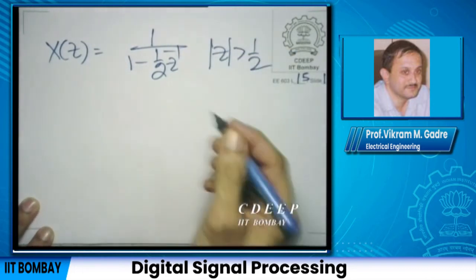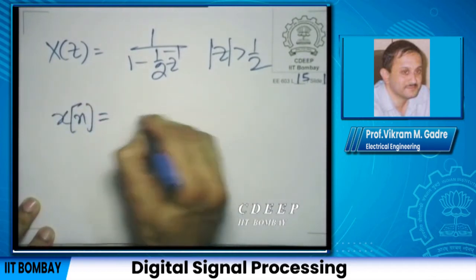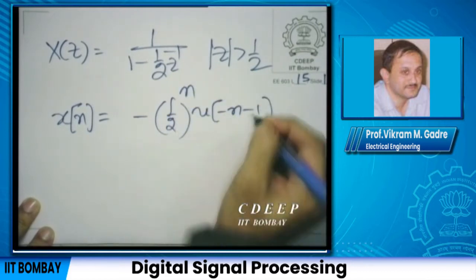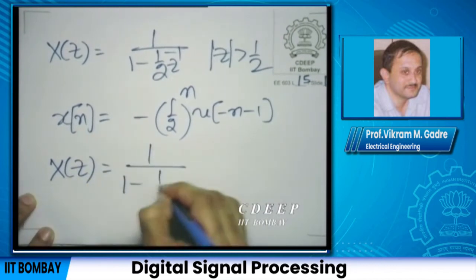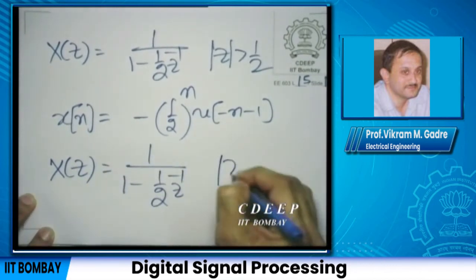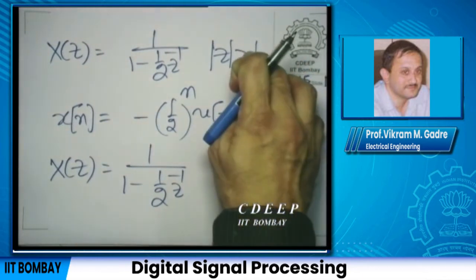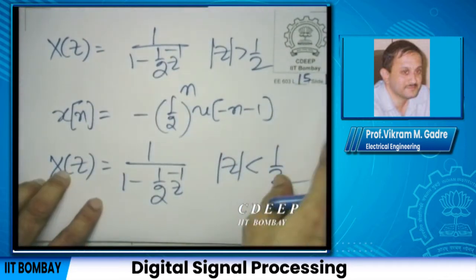Of course, we can also take x[n] to be minus half raised to the power of n u[minus n minus 1], whereupon X(z) would be the same expression, but with mod z less than half as the region of convergence. So, we will keep both of these in mind. It is not really terribly a cause of worry whether we have this region of convergence or this region of convergence after we take the derivative. So, let us take the derivative.